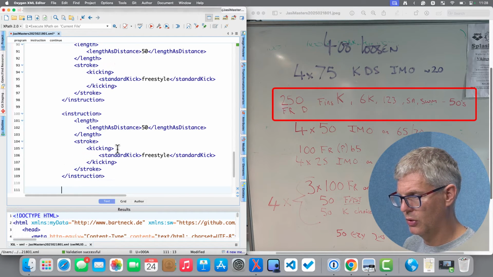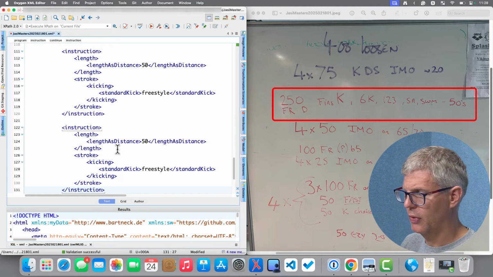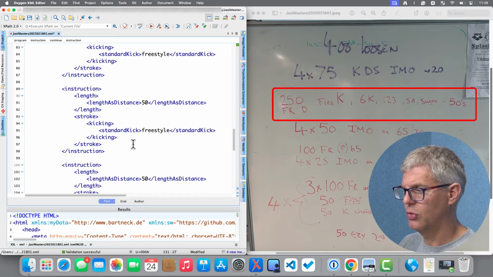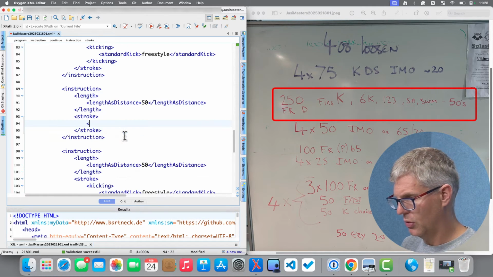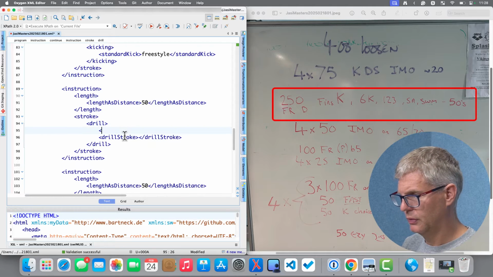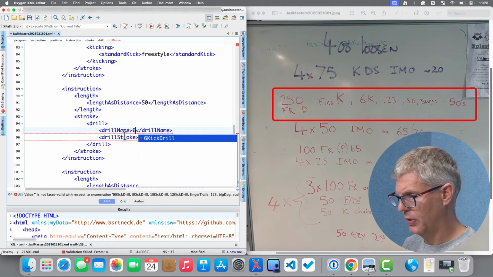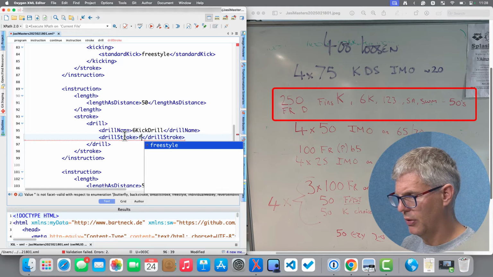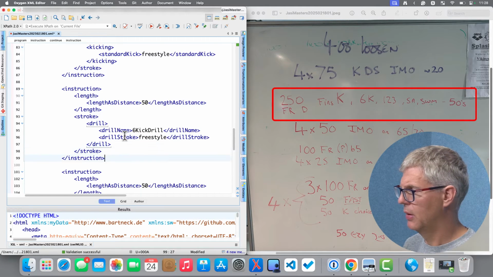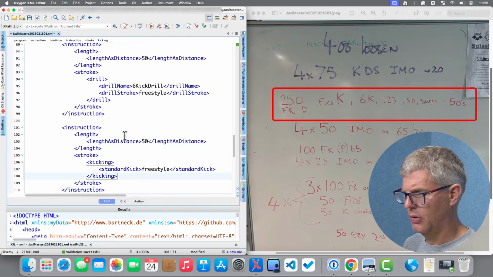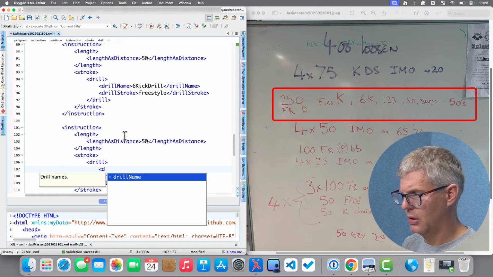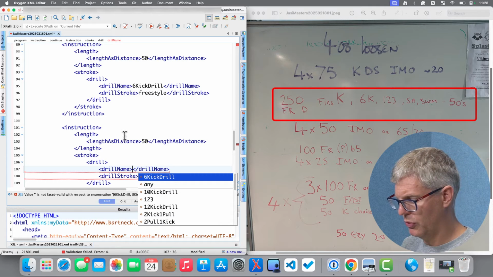Second, third, fourth, fifth. Now, what is number 2? Number 2 is 6 kick drill. So a drill name, 6 kick drill. And here we have freestyle. The third one is drill name, it's 1, 2, 3.